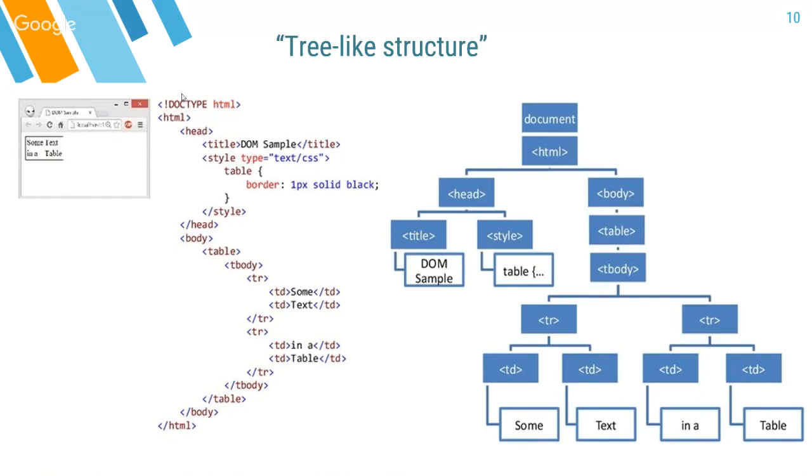The HTML tag has a head tag immediately after it, so it's the parent of the head tag here. In the head tag, we put all the metadata for the website. So metadata is like the characteristics of the document.